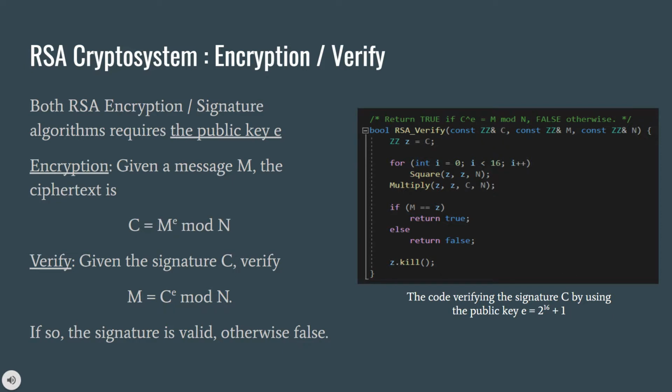If so, the signature is valid, otherwise it's false. The code on the right is verifying code for a given c and m by using the public key e, which is 2 to the 16 plus 1 in this case.